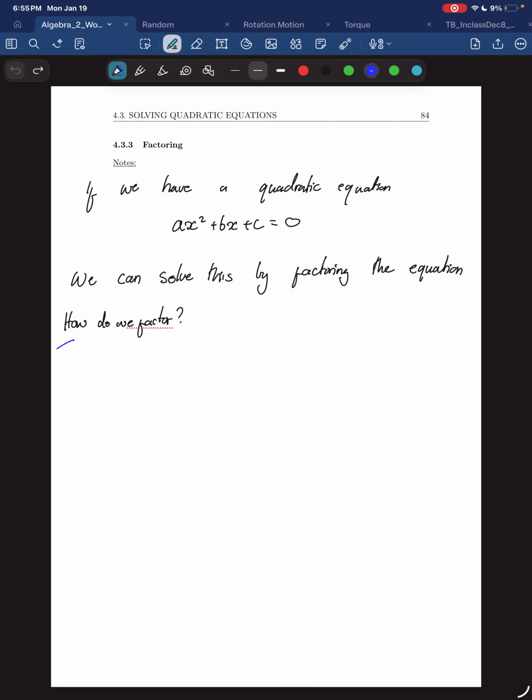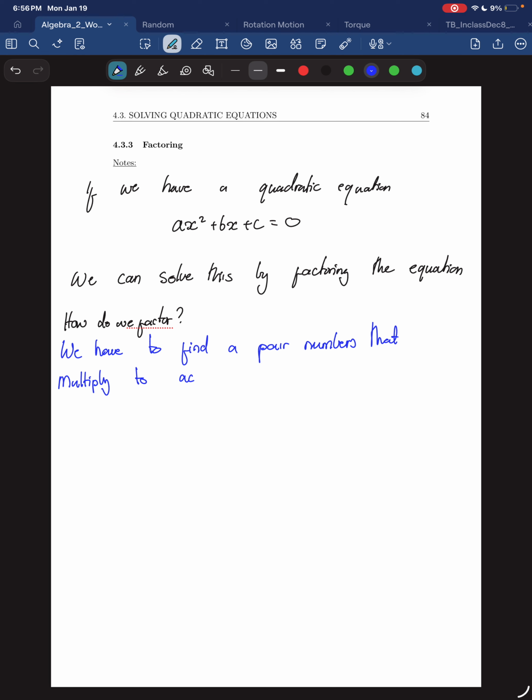So the first step, we have to find a pair of numbers that multiply to AC.